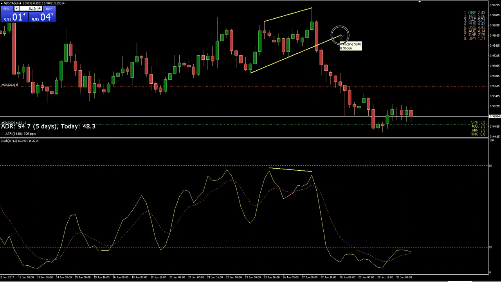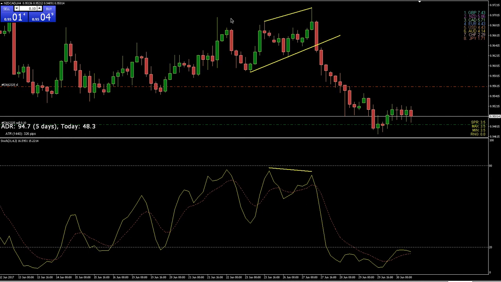These are all just confirmation tools, the divergence and the trend line, because none of these is any guarantee of what price is going to do, but there are certain things you can apply in both of these situations. So let's start with the lower time frames.